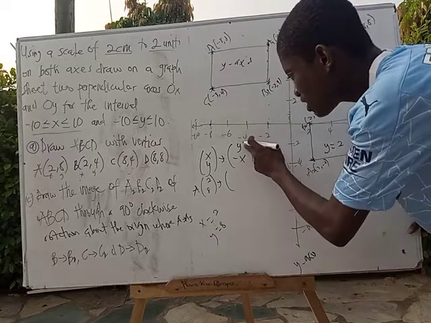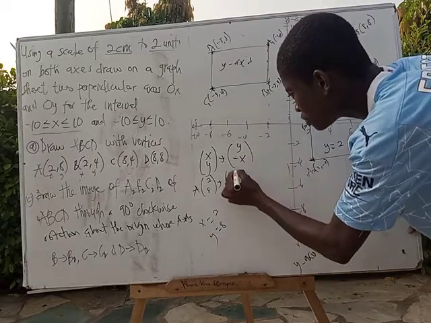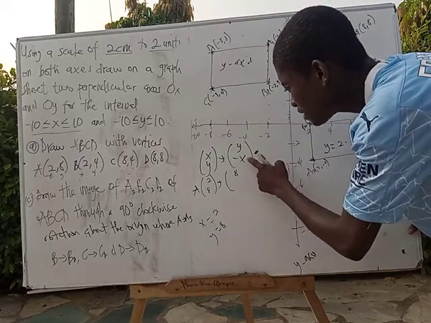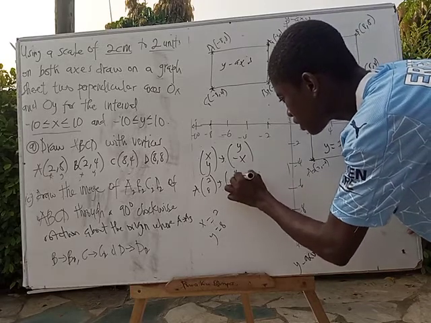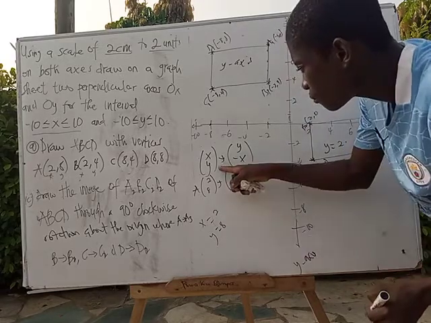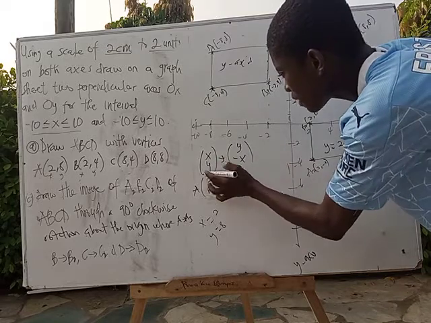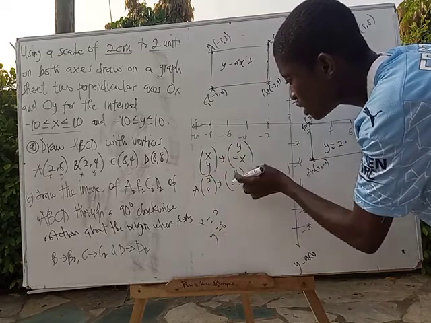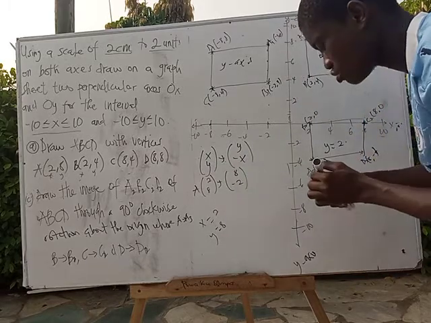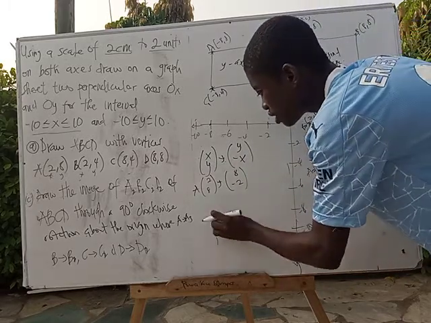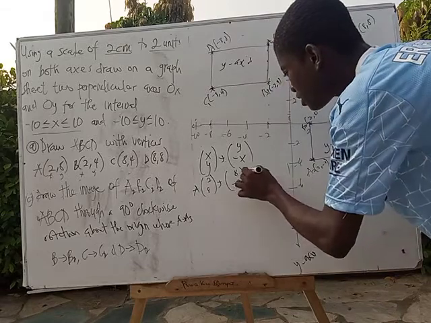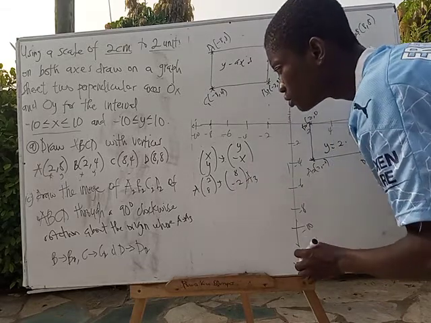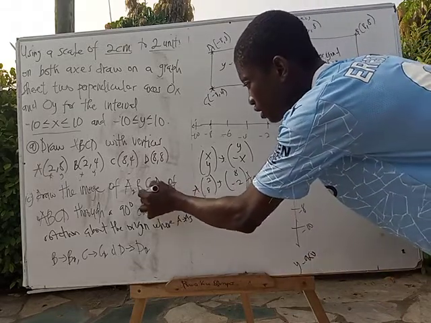But here they are saying y comes first, so y is 8, and x, you are negating the x, so negative 2. So that is the formula: x and y becomes y, negative x. You just write it as it is, and you'll be fine. Now let's go to the image of 8, 3. So 8, 3.